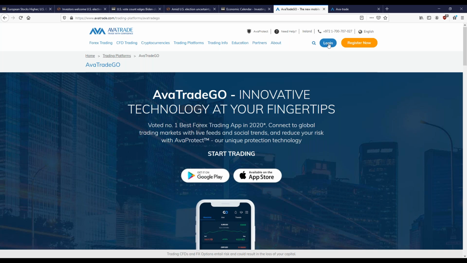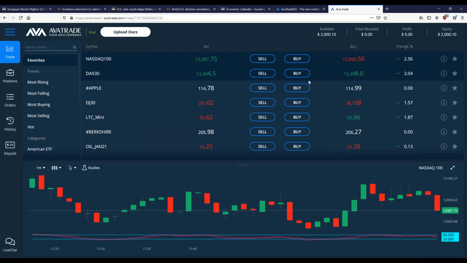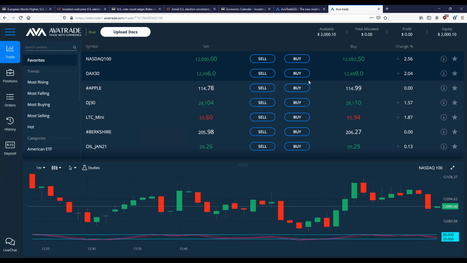If you log in from the main website, you're in the web trader platform. And Declan, I'm glad you're reconnected. The web trader platform has those same features in the order window. Let's say you want to trade on the NASDAQ.